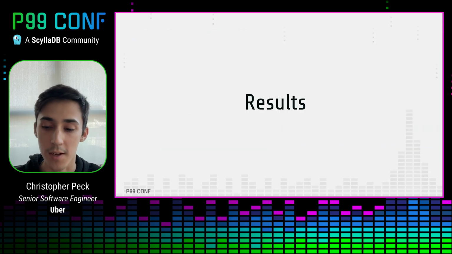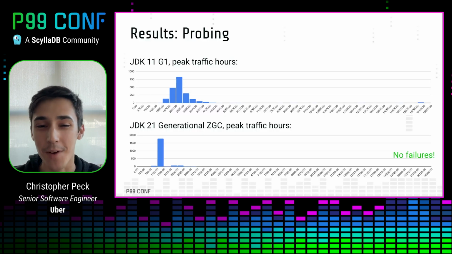So, the results from enabling generational ZGC. I reran that initial probing test. The first graph is JDK 11 using G1 in peak hours. We saw a distribution of latencies, and we also saw a failure rate that was non-zero.